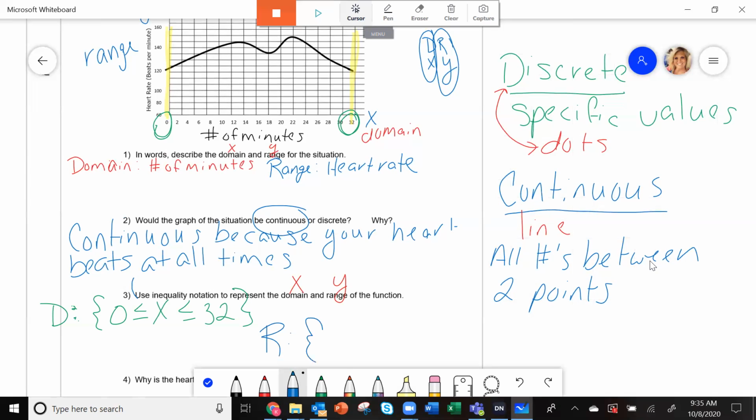Then your range. Your range are going to be your y values, and that goes from the bottom to the top. So the lowest I'm going to go down is here. I'm going to box in from the bottom and then to the top of the function. And as I look at this, what is the lowest this thing goes to? The lowest it comes down here to is 120.